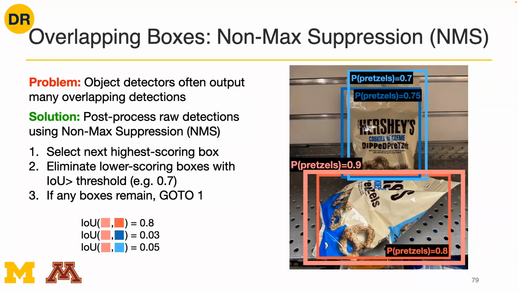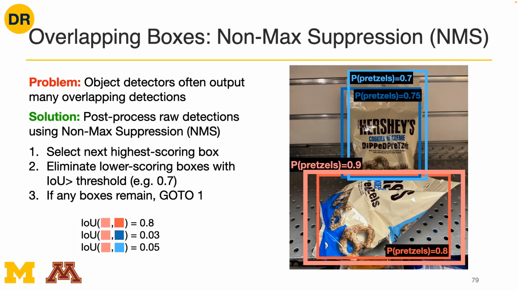So these are 4 detections that you got. But then you are like, okay, they are overlapping with each other. So maybe one of these 2, or 2 of these 4, is correct. So how do you eliminate the other bounding boxes?